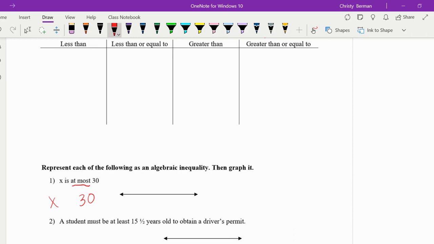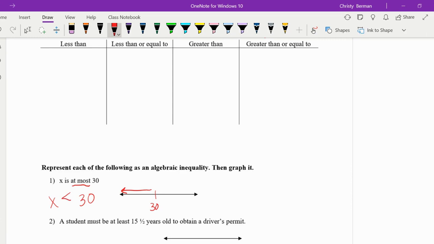One of the things I like to think about is, if I put my 30 on the number line and I think at most, I ask myself, does that mean I can go over 30 or do I have to stay under 30? If you have at most of something, that means you want all of this information underneath or below 30. So that tells you that you're going to be less than.